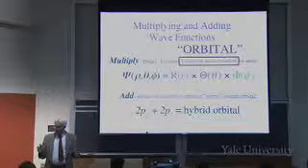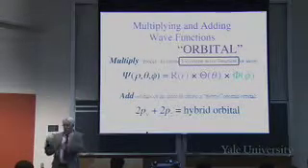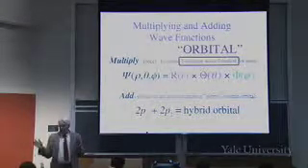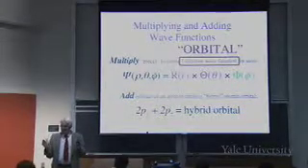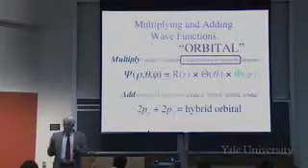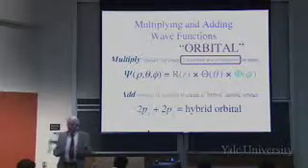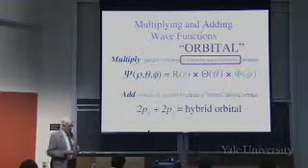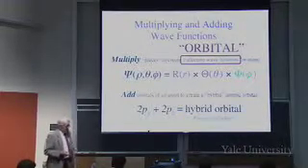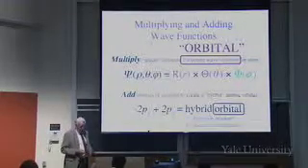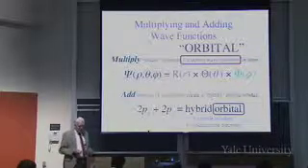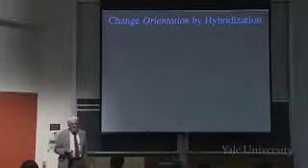If it's a one-electron orbital, you can write the orbital as many pieces, two pieces, but it still is a function of just the position of one electron. It's not a function of 6 or 18 or whatever number of variables. It's an orbital, a one-electron function, so it's the position of one electron that you plug in. Now, you can change the orientation of orbitals by hybridization.